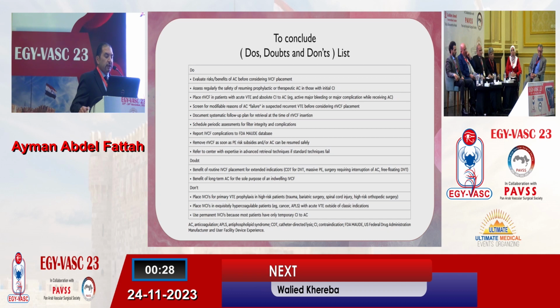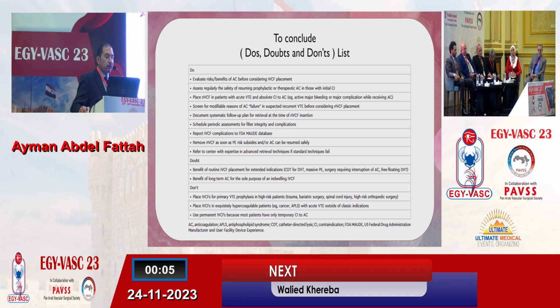If you decide to place an IVC filter, use a retrievable IVC filter, and then decide the time for retrieving this filter. Document the systematic follow-up plan for retrieval at the time of IVC filter insertion. Schedule periodic assessment for filter integrity and complications.